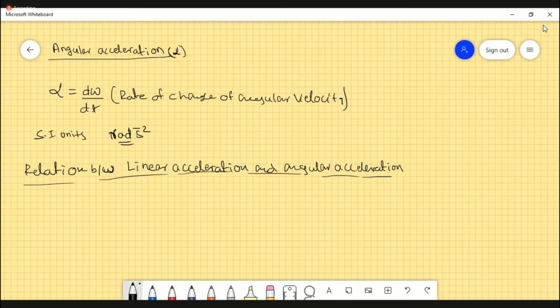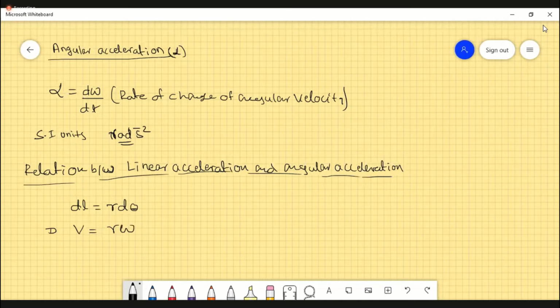If you consider here, we already know the relation between velocity and time. See, dl equals r into d theta. So from this you will get v equals r omega.